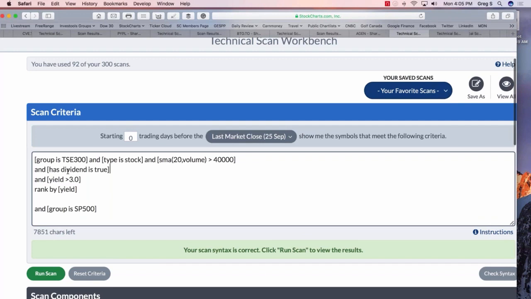Now it's going to put it at the bottom, so now we know how to type that up. So we'll just go SP 500 and then get rid of that row. Type is stock and the volume is whatever. Obviously, everything in the S&P 500 is going to trade more than 40,000 shares, but it has a dividend. We want it to have a minimum yield of 4%, and we want to rank it by yield.